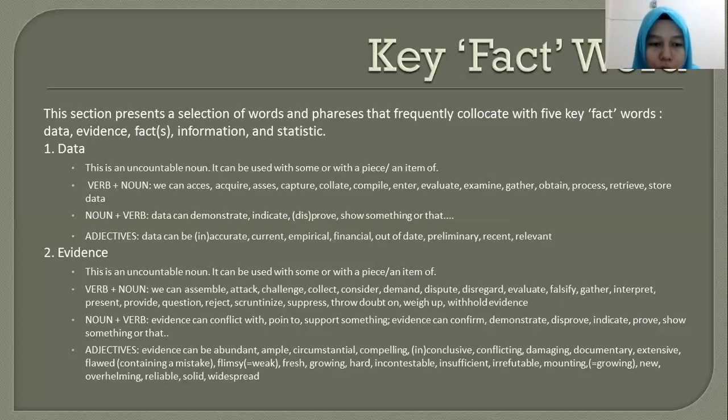Adjectives: evidence can be abundant, ample, circumstantial, compelling, inconclusive, conflicting, damaging, documentary, extensive, vague, flimsy or weak, fresh, growing, hard, incontestable, insufficient, irrefutable, mounting or growing, new, overwhelming, reliable, solid, widespread.